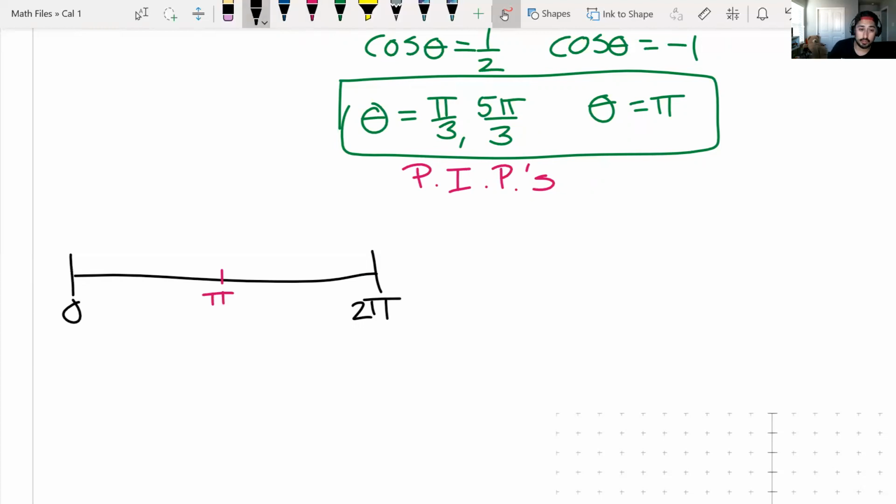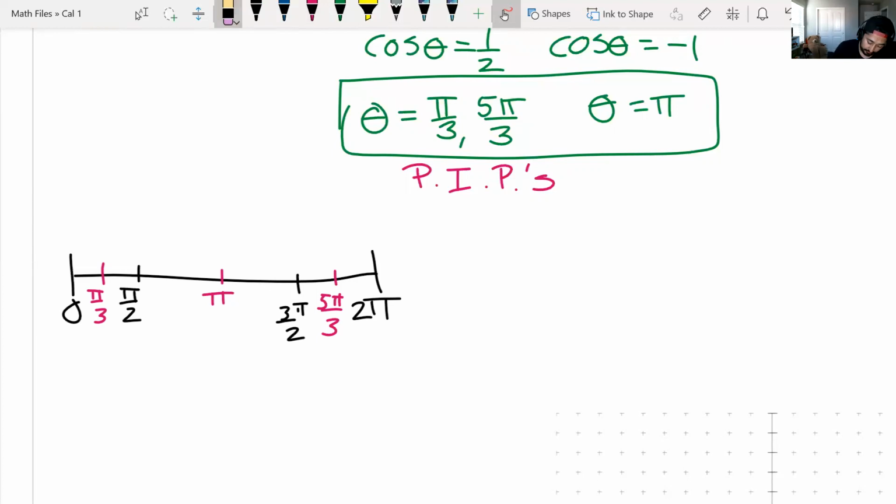Again, I'm going to put the unit circle down so I know where to place pi over 3 and 5 pi over 3. Here's pi over 2. And here is 3 pi over 2. This means that my inflection point of pi over 3 should be right here. And my inflection point of 5 pi over 3 should be right here.